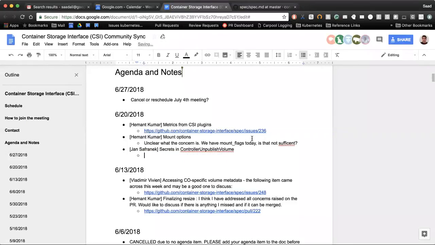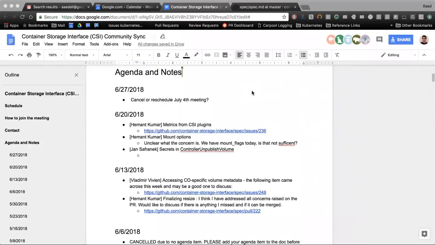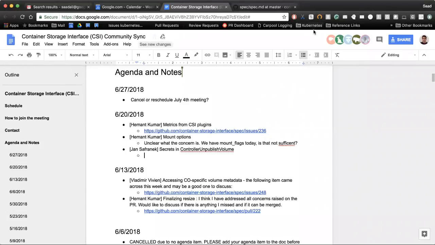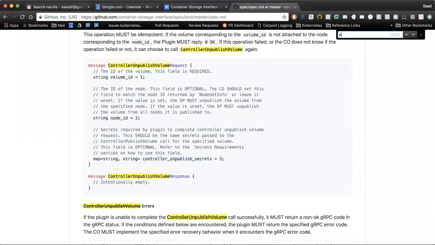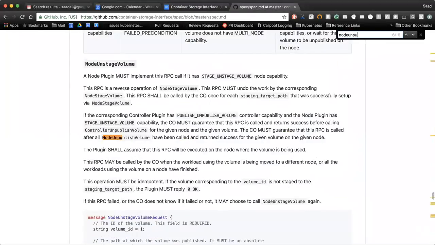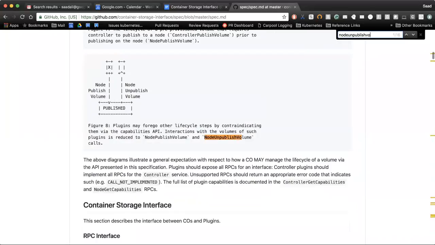I'm not sure about what his issue is, but I do feel like, do you mind sharing why we don't put credentials in node-side unpublish calls, like node unpublish and node unstage, but do on the controller-side unpublish calls? I think the general idea is that control plane calls are much more likely to require credentials compared to node local calls.